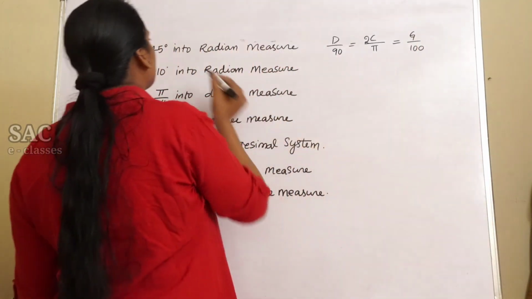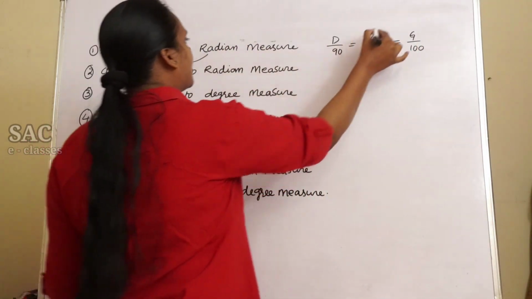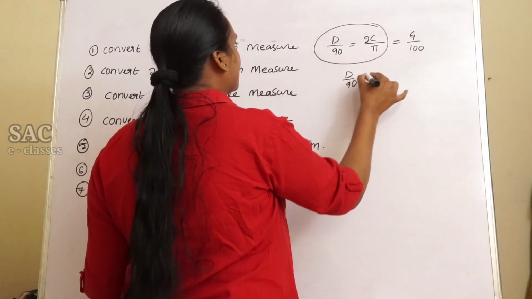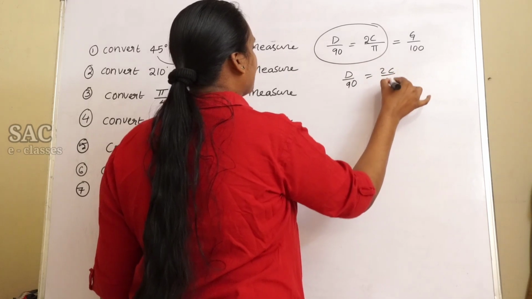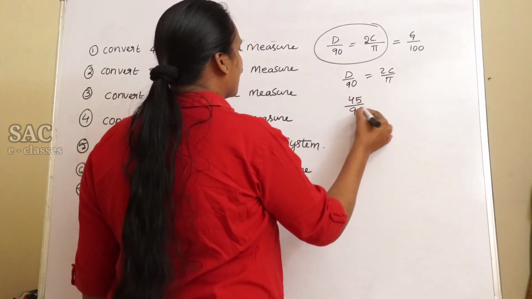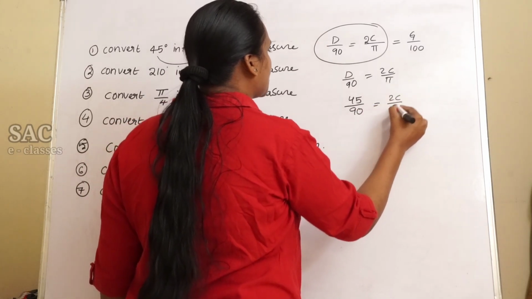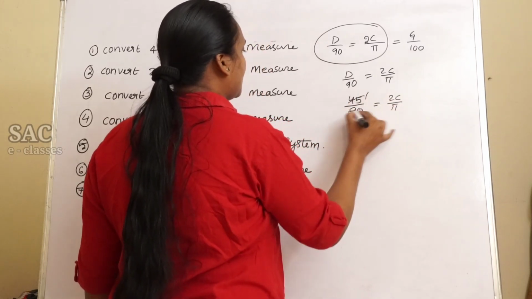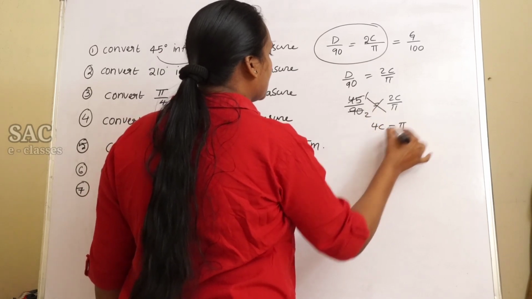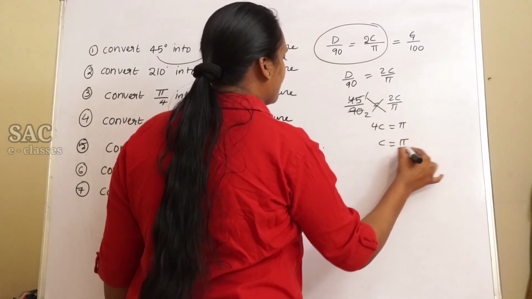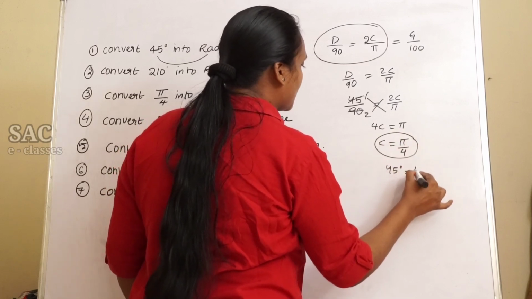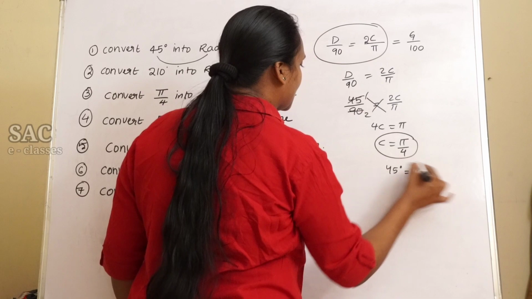Since I need degree to radian, take only the first two. D by 90 equals 2C by pi. Degree value is 45, and 90, which is equal to 2C by pi. One time and two times, then 4C equals pi, then C equals pi by 4. That means 45 degrees equals pi by 4 radians.